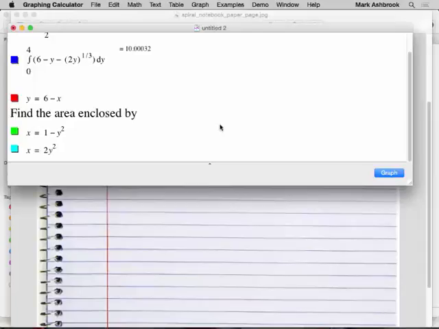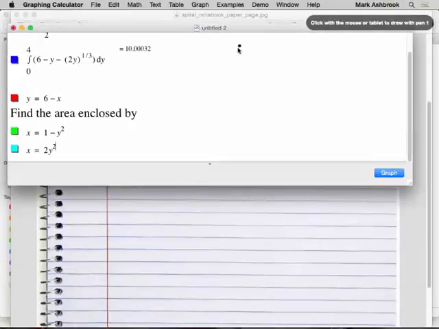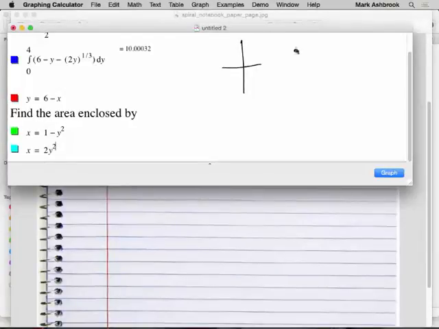So what's one strategy for thinking about how to graph x equals, say, 1 minus y squared or x equals 2y squared? Do you know what y equals 1 minus x squared looks like? What is minus x squared, and then add 1?